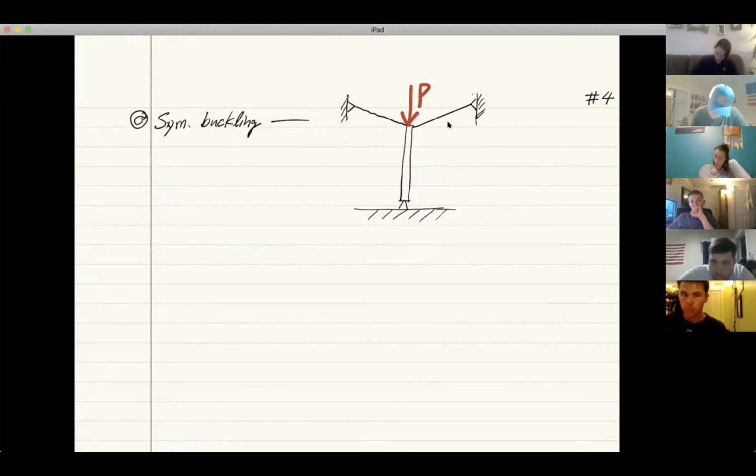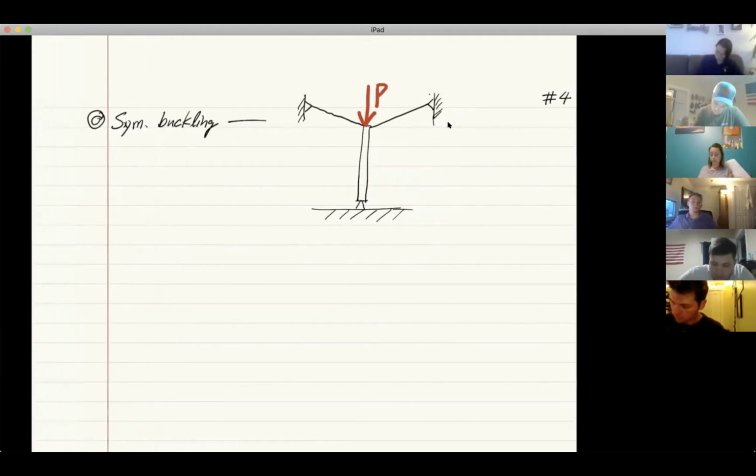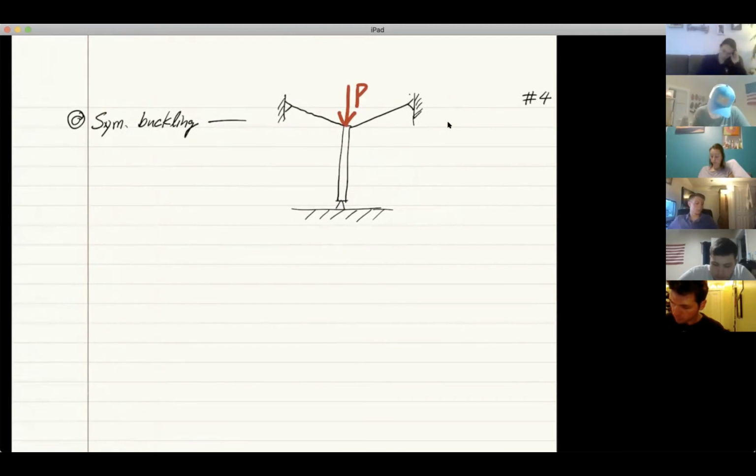In this case, when the column buckles, the buckling load, the curve will look like this. We have P, delta, we call it positive delta, we call it negative delta. It looks like this.